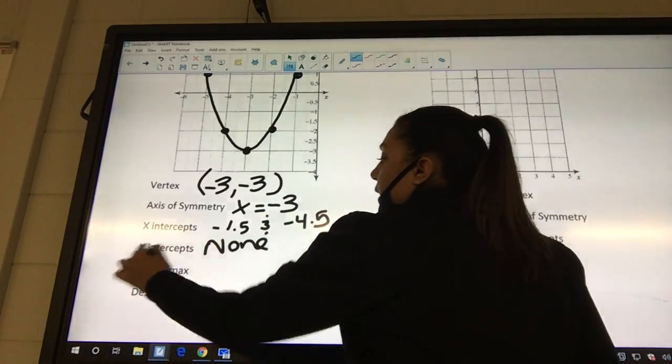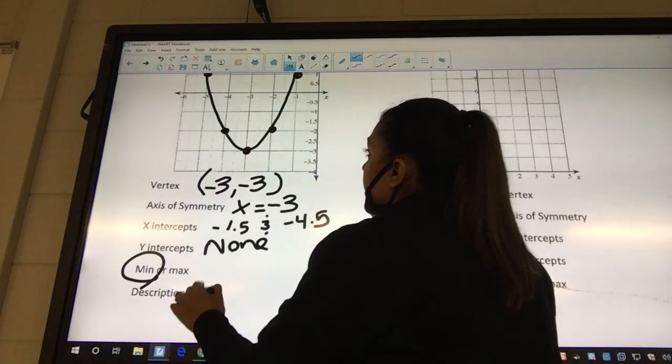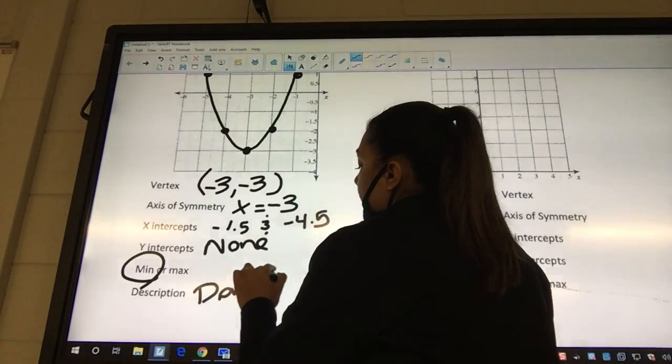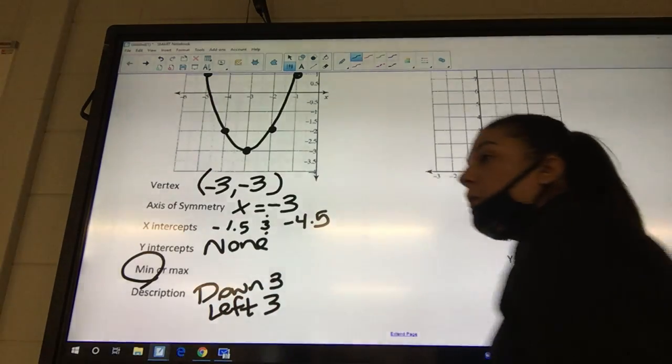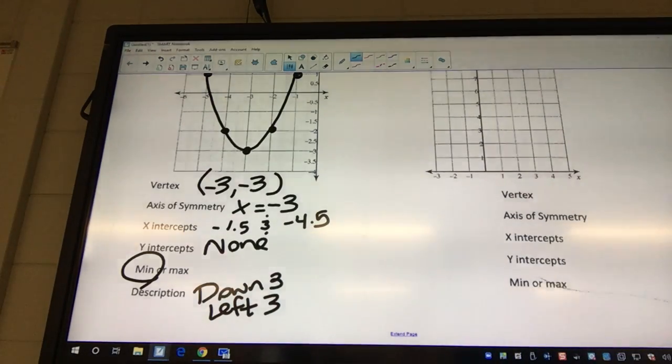It's got a min. Description. Left 3, down 3. Does it have a slope? No. And does it open up or down? It opens up. You don't have to put that. We only put it when it opens down. Opens up is a given.